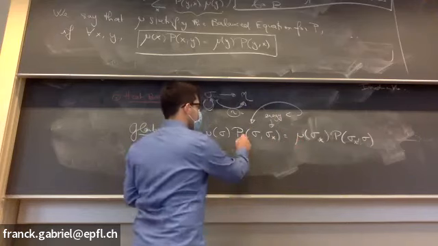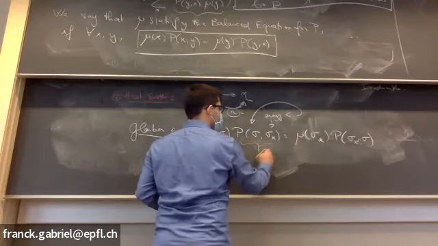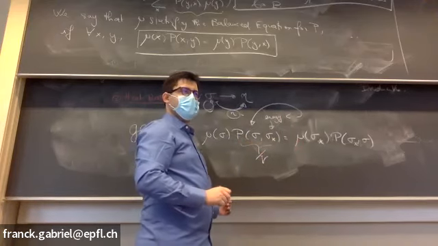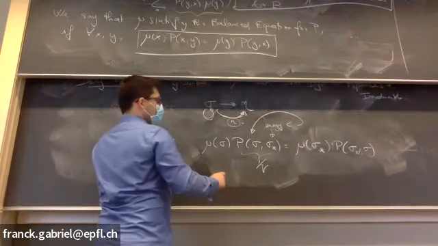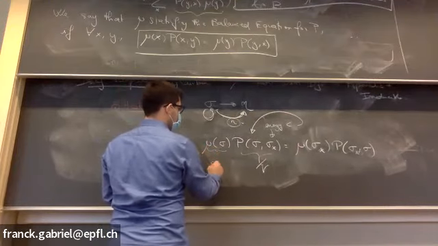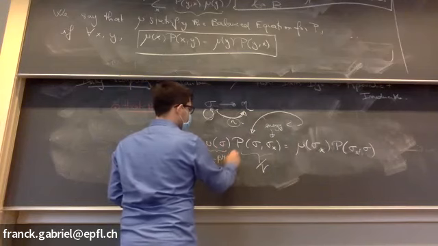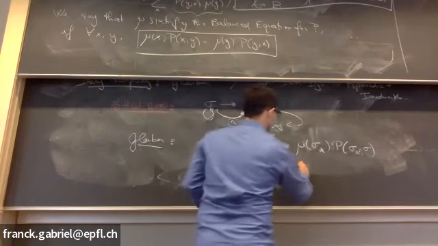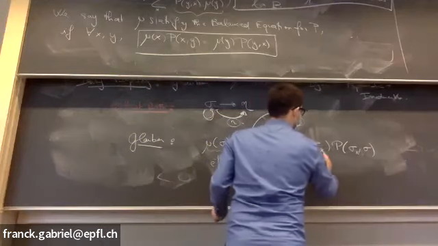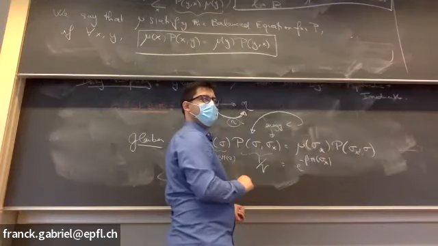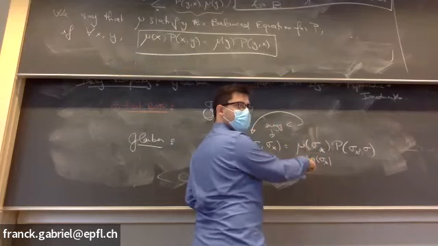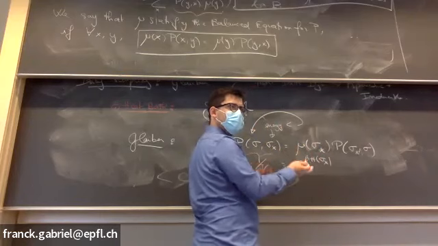Okay, so this probability is just 1 over V, the number of vertices. Okay. This one is proportional to exponential minus your sigma. This one is proportional to that, with the same proportionality constant.